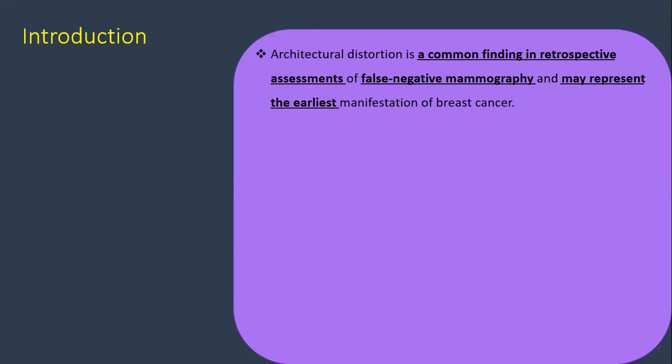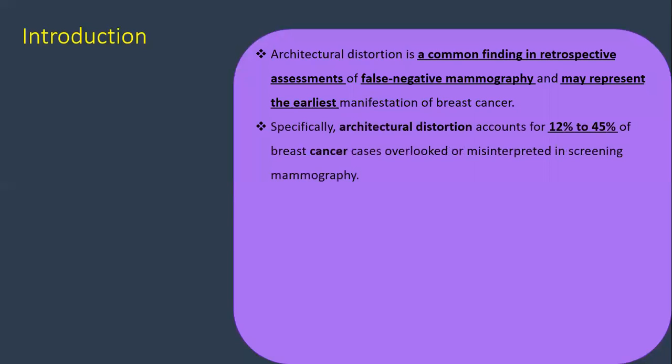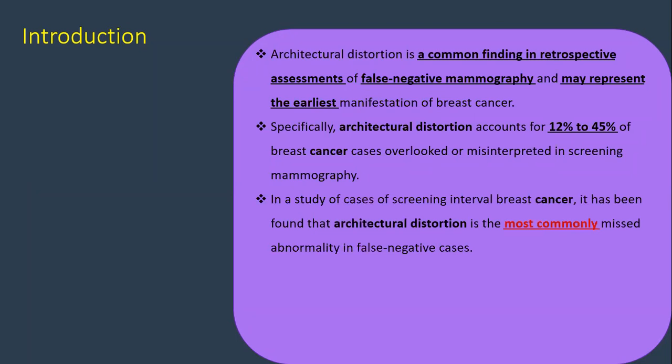Architectural distortion is a common finding in retrospective assessment of false negative mammography and may represent the earliest manifestation of breast cancer. Specifically, architectural distortion accounts for up to 45% of breast cancer cases overlooked or misinterpreted on screening mammography. In a study of screening interval breast cancers, architectural distortion was found to be the most common missed abnormality in false negative cases.